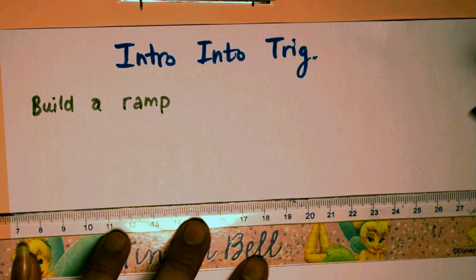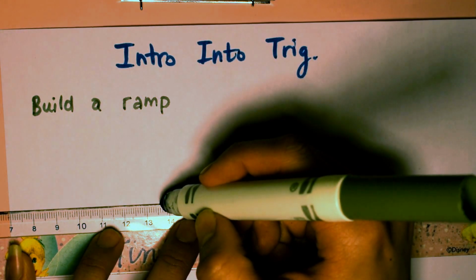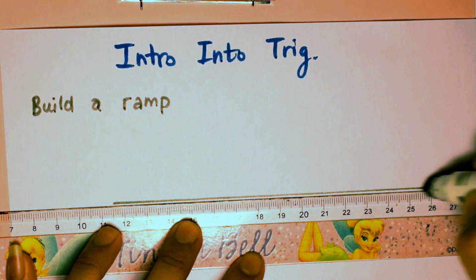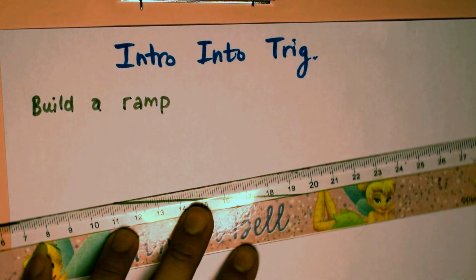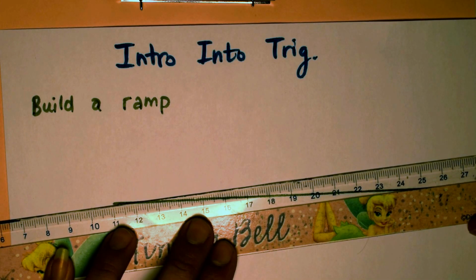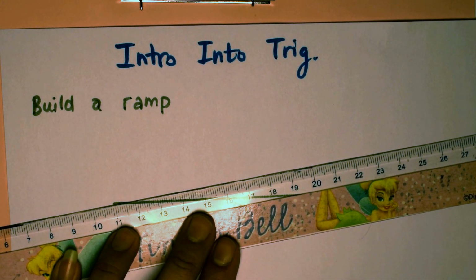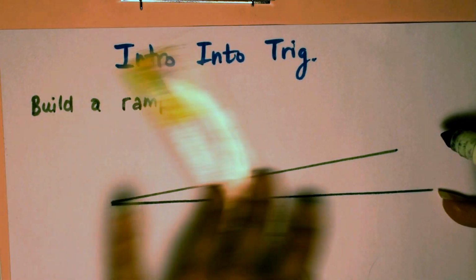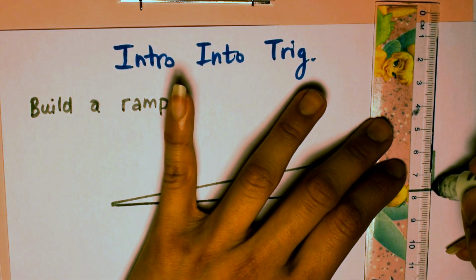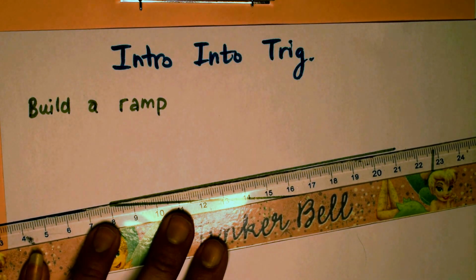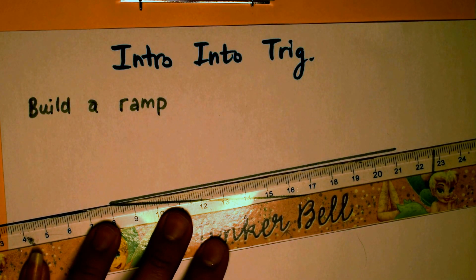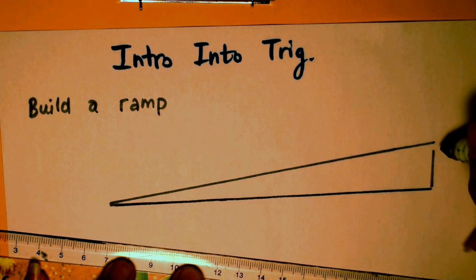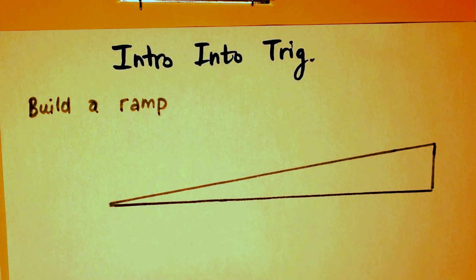So let's draw a quick picture of the ramp. Maybe something like that. This ramp shouldn't be too high. So maybe like this. Something like that. Okay, and so let's say that over here we have a door.